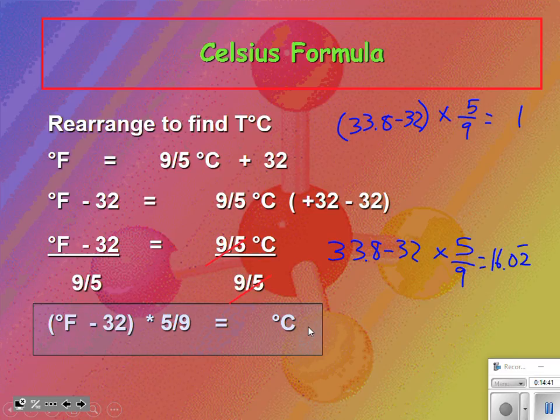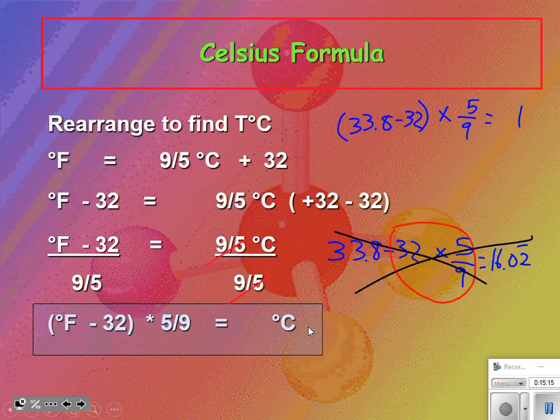This bottom one, they are multiplying 5/9 by 32 first, and then they take that number and subtract it from 33.8, because there's no parentheses that says order of operations. So this right here is not what you want to do.